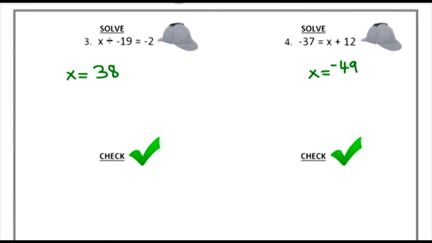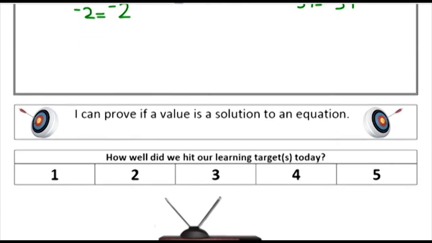You would have gotten true statements of negative 2 equals negative 2 and negative 37 equals negative 37. You do need to show the work on all steps in order to receive full credit.